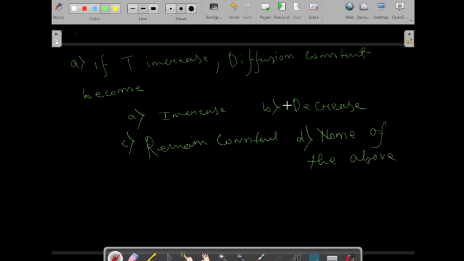The answer is that the diffusion constant decreases. How does it decrease? Let's discuss it on the next page.